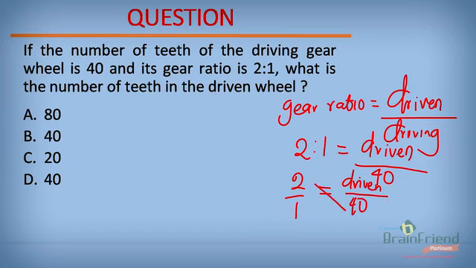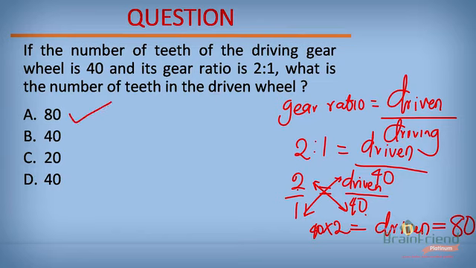Let's cross multiply. So we have 40 times 2 is equal to number of teeth in driven wheel, which is equal to 80. So the number of teeth in driven wheel is A, 80.